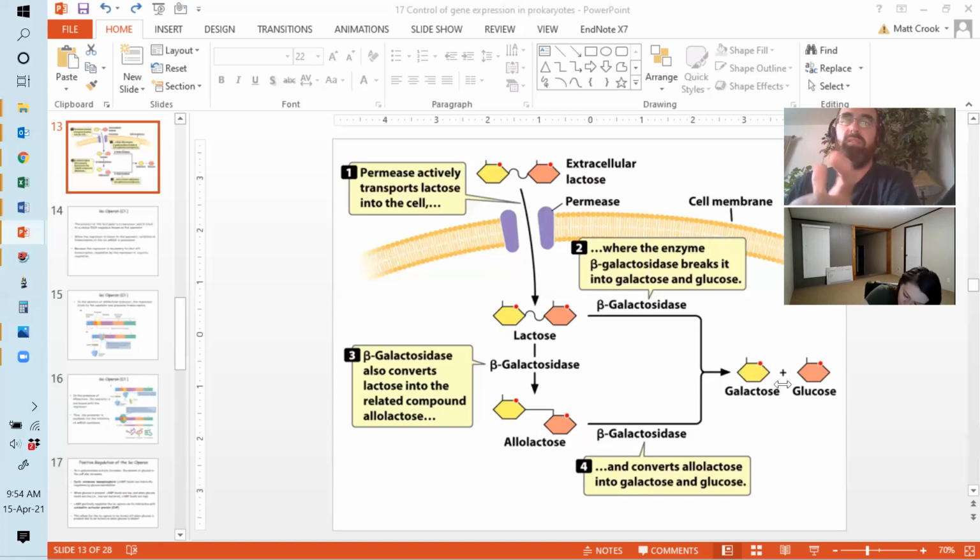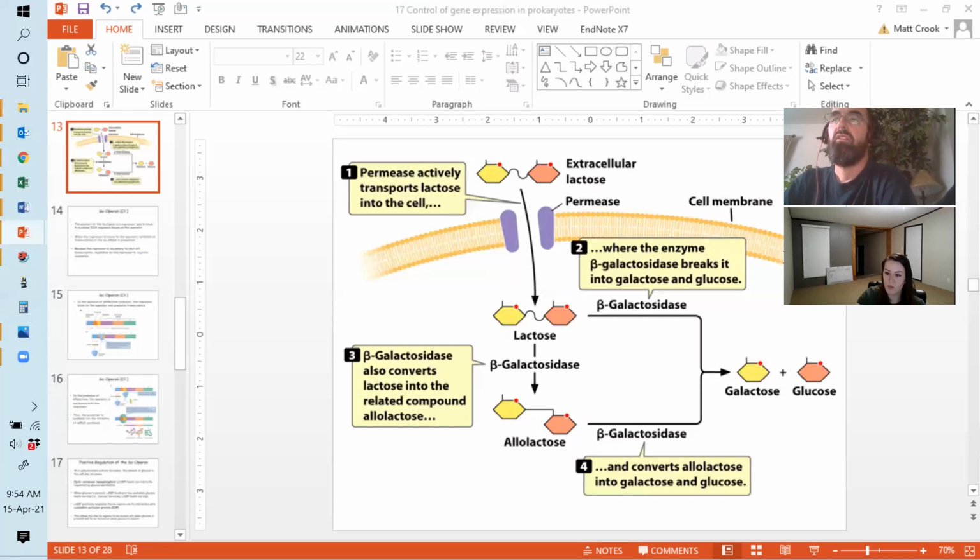Okay, so let's flip that around again. The opposite is also the case. If we have low glucose, we haven't turned enough lactose into galactose and glucose. How much cyclic AMP are we going to have? We're going to have lots. If we don't have much glucose, how much lac operon expression do we need? It's going to be lots.